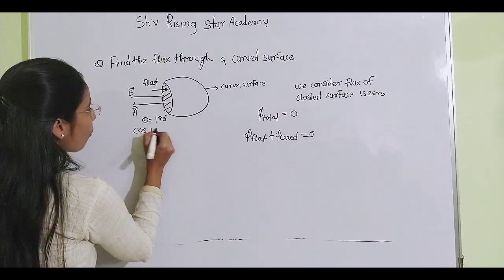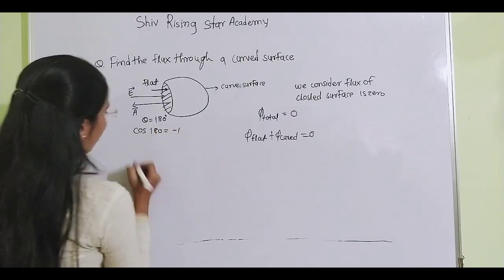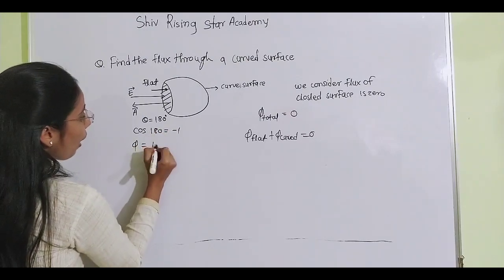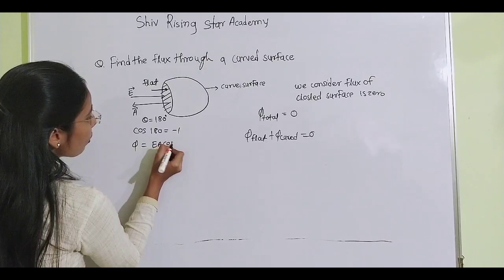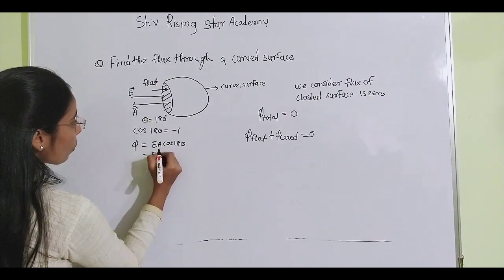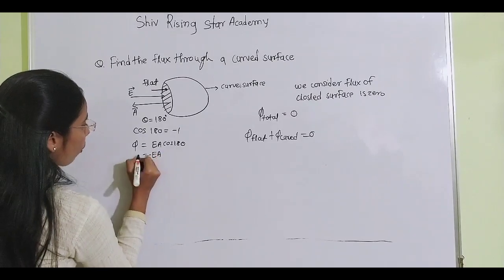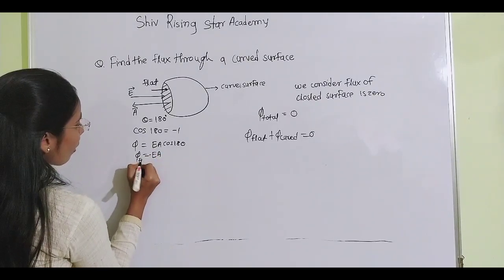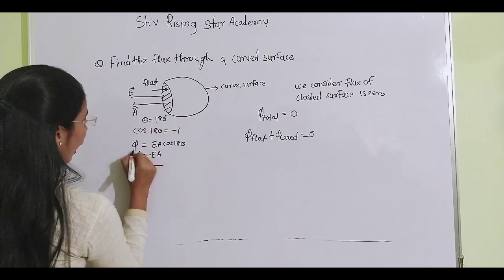Cos 180 is minus 1, so phi is EA cos 180, which is minus EA. So the flux on the flat surface is minus EA.